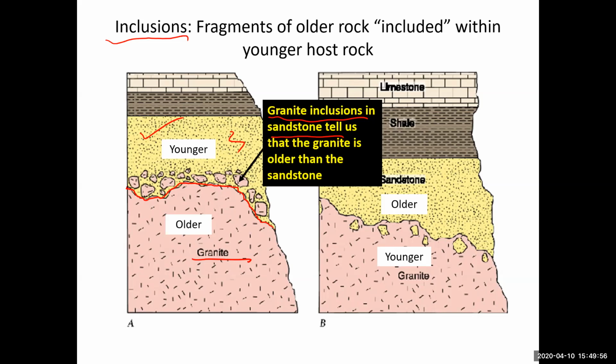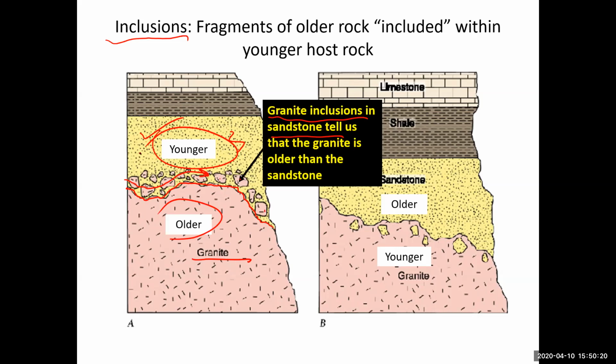And then at some point, the area was probably flooded with water, if this is a river-borne sandstone. And as currents were sort of flowing over the ancient granitic riverbed, for example, the currents ripped up pieces of the older bedrock and incorporated those fragments, those inclusions, within the younger sandstone.